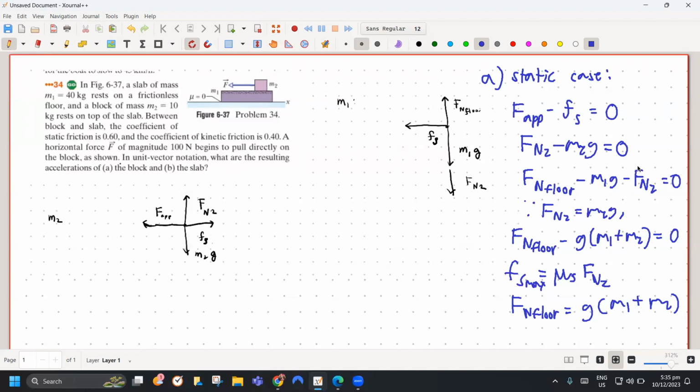Okay, tama naman. Okay, so yung static friction na nararamdaman ng both slabs really depends only on Fn2 and not on the normal force from the floor.